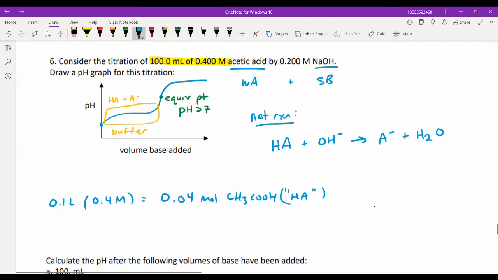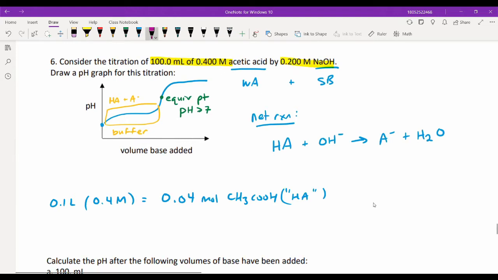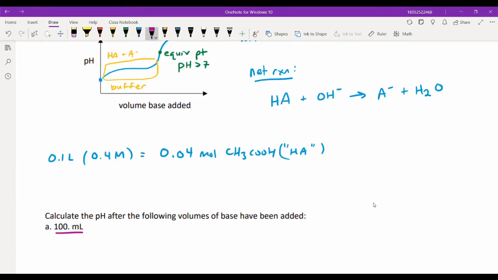At this point, since we're titrating with 0.2 molar NaOH, we have added 0.1 liters. That's 0.1 liters times 0.2, which equals 0.02 moles of NaOH, which is the same amount of OH minus, because we want to break it down into the net species.